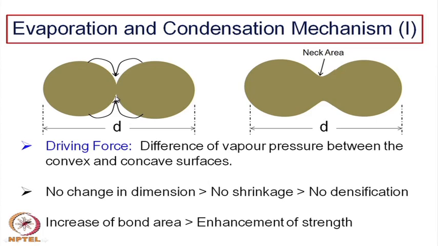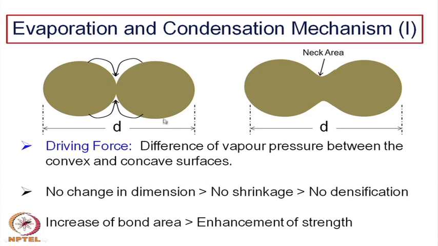So, once a small contact area is developed, mostly it is a convex surface like this, but at this point of contact you have a concave surface also. Because of that there will be a difference in vapor pressure. More vapor will be generated on the convex surface; the vapor pressure on the convex surface is more.